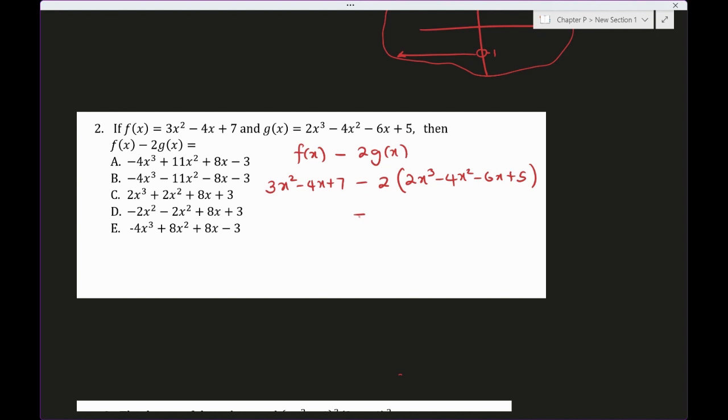So we can finish the multiplication first. Let's leave these two outside and put a bracket. This is 2 times this, to give us 4x cubed minus 8x squared minus what? 12x, then plus 10.